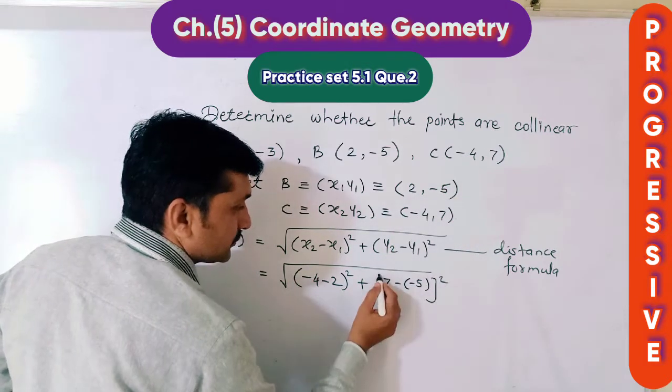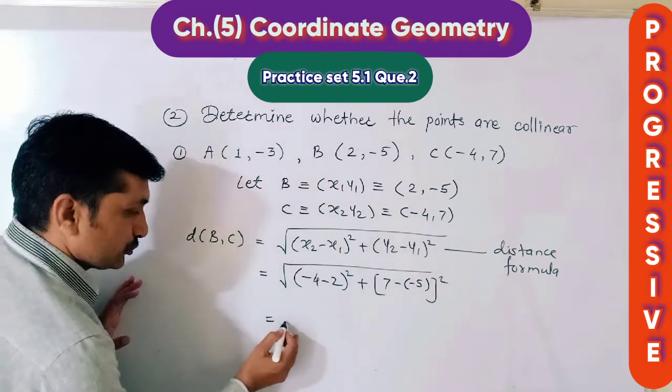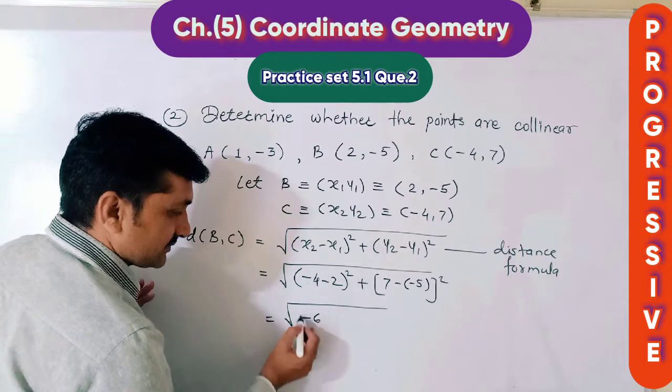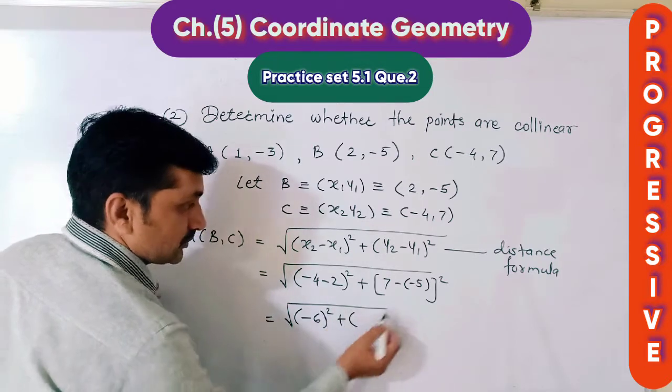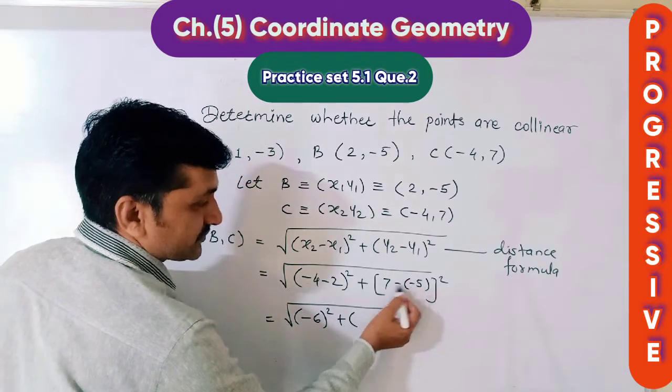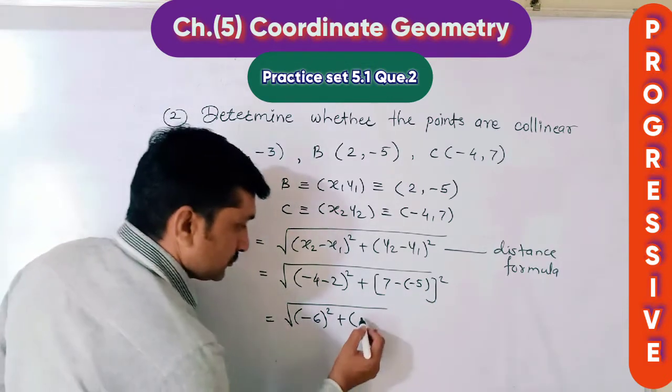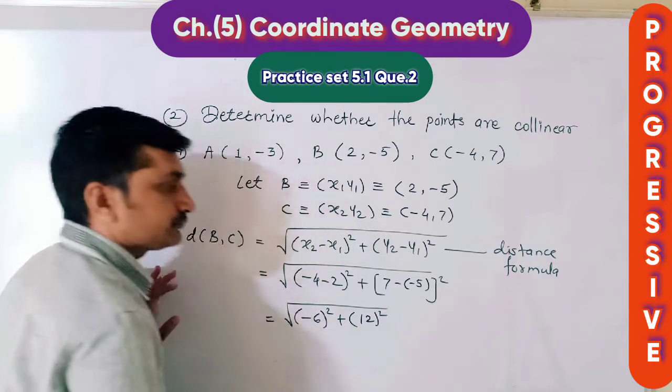Solve this now. Minus 4 minus 2 is minus 6, bracket square, plus, here write the direct answer, minus minus plus, 7 plus 5 is 12, 12 bracket square.